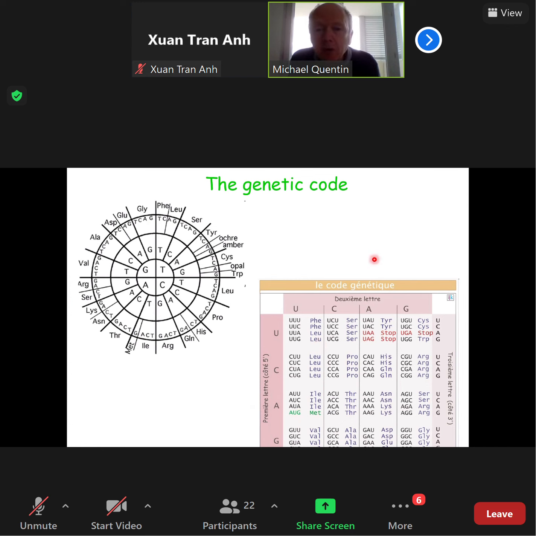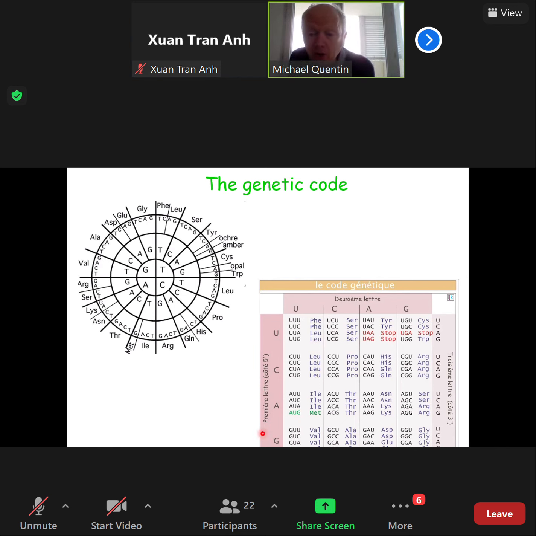You must remember that the genetic code is redundant, so several codons may encode the same amino acid. For example, you see here a list of four codons that are all encoding proline. So the genetic code is redundant.